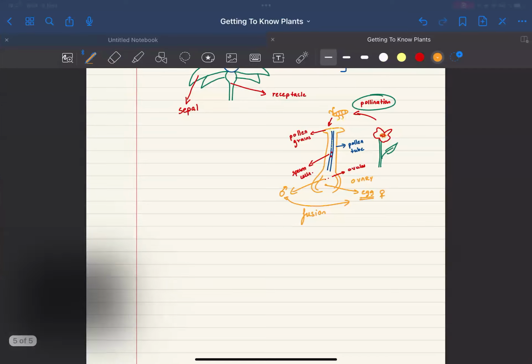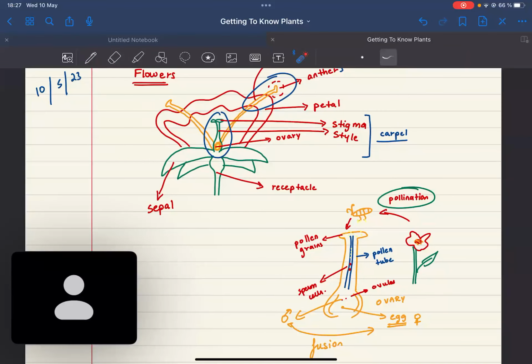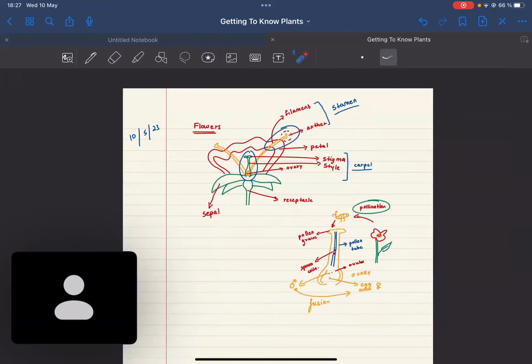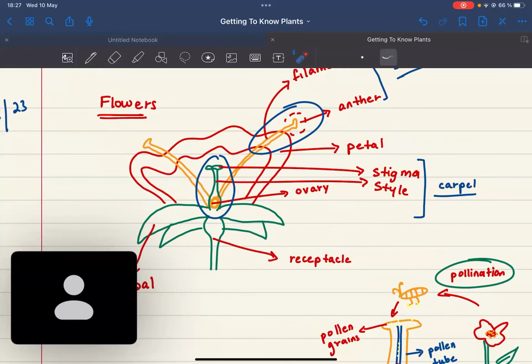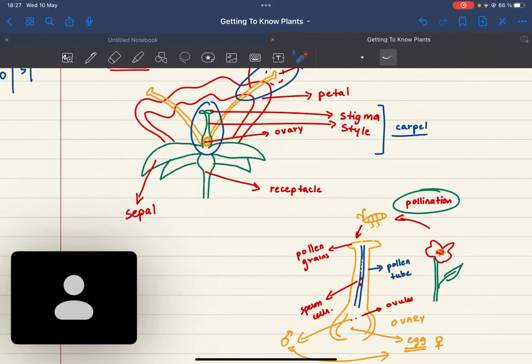So I'm repeating the whole process again. An insect lands on a plant and the pollen grain sticks to its leg. It lands on the anther of another plant, and these pollen grains are released on top of the anther. They also reach the stigma. Once it reaches the stigma, a pollen tube is formed.